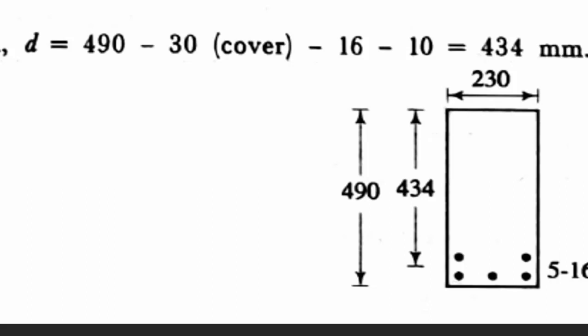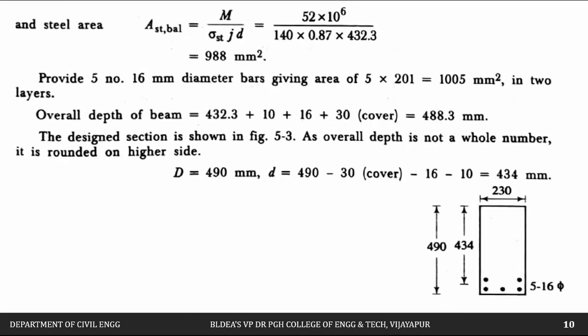So half will be 10 mm here, plus diameter of the bar, that is 16, plus this clear cover 30 mm we can take. So the overall depth of the beam is 432.3 plus 20 divided by 2, spacing between 2 bars, plus 16 mm dia bottom bars, plus clear bottom cover of 30 mm. If you add up, you will get the answer as 488.3 mm.